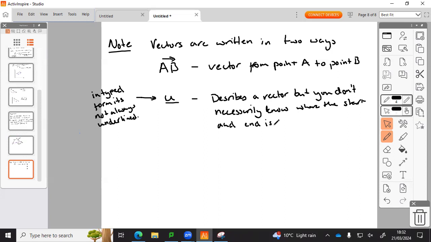It can always be applied in multiple locations, to multiple different lengths. It just describes how far along the x-axis and how far along the y-axis, but that doesn't mean the vector has to start at a specific point. It can start anywhere and end anywhere in your frame of reference.